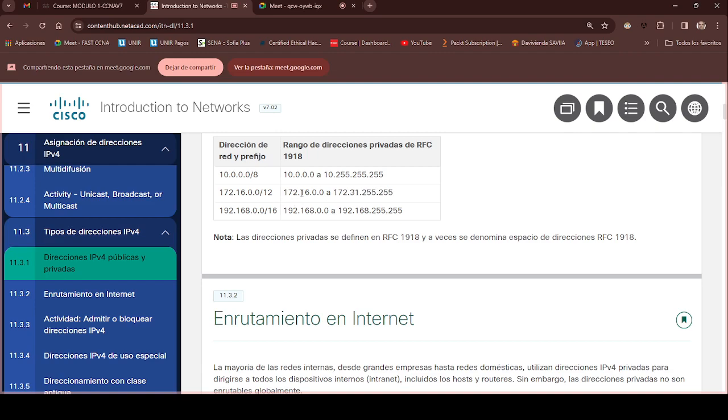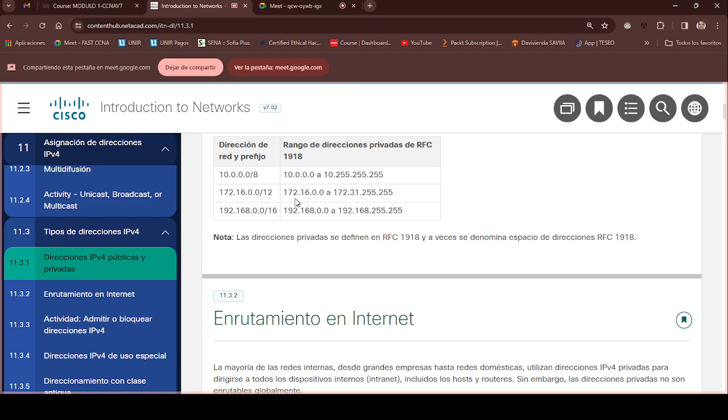Todo lo que esté entre 172.16 y 172.31, es decir, la 172.17, 18, 19, 30, 31, hasta ahí, será direccionamiento privado. Hay que tener cuidado con esto porque, por ejemplo, si nos dicen 172.32 lo que sea, ya no es privado.